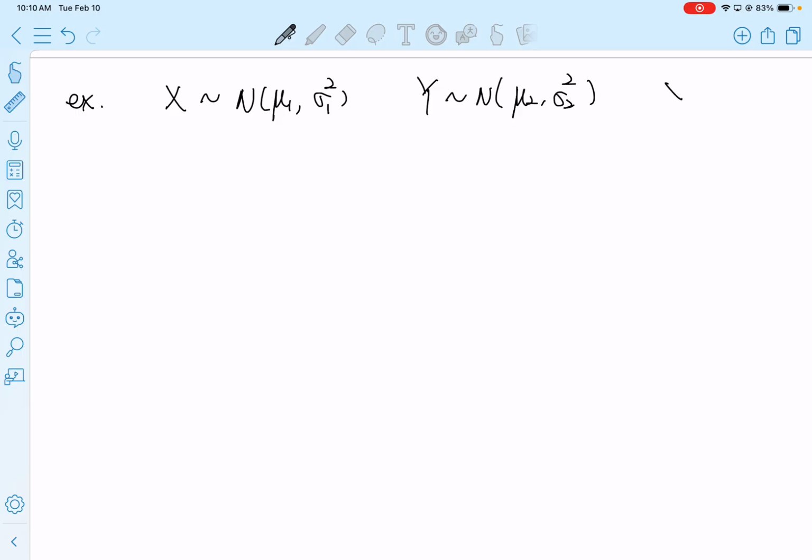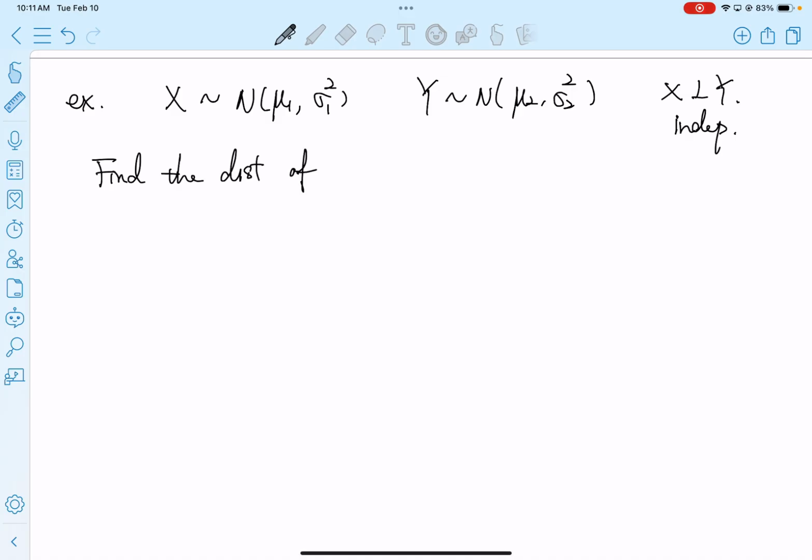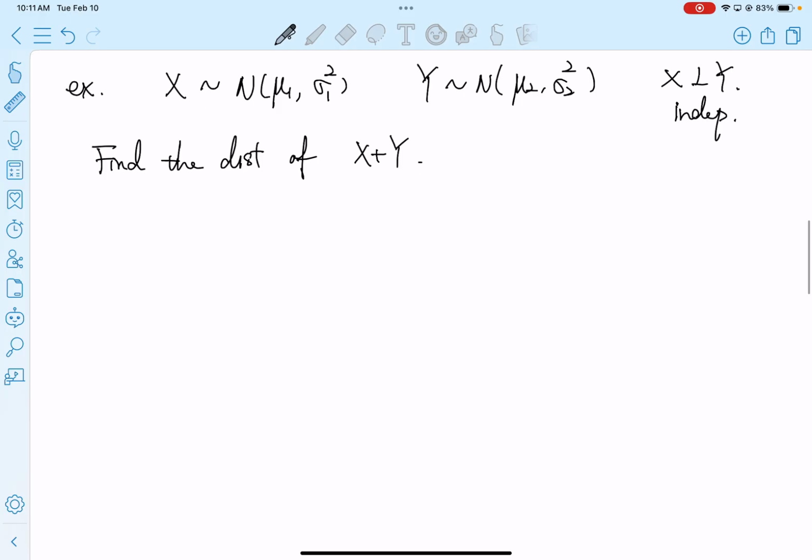Also x and y are independent. My question is: find the distribution of x plus y.